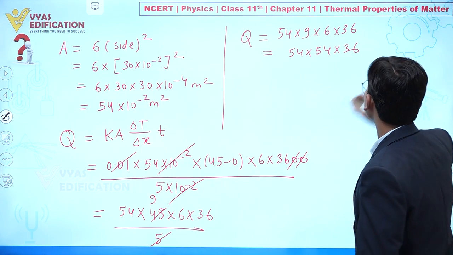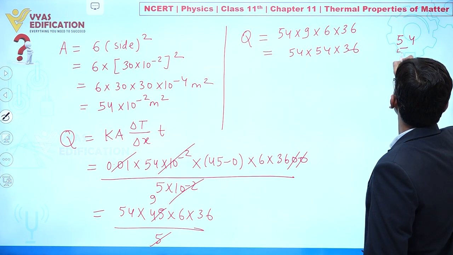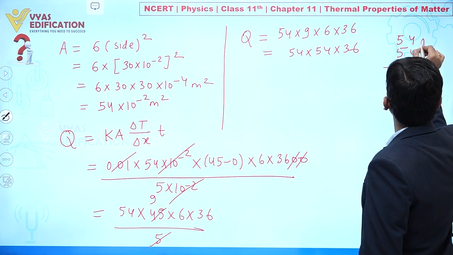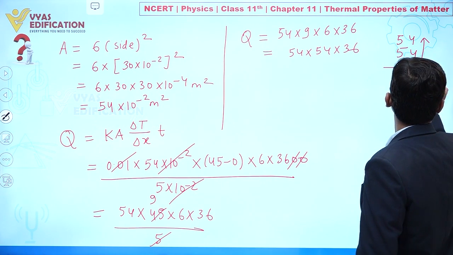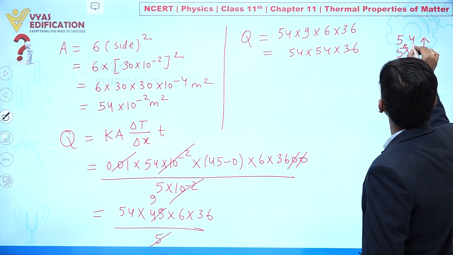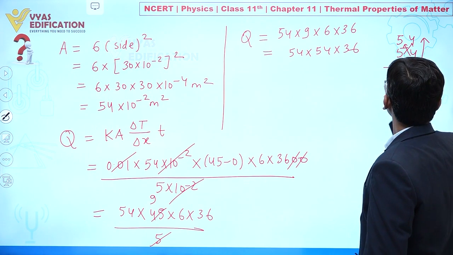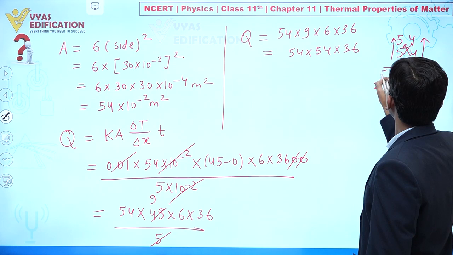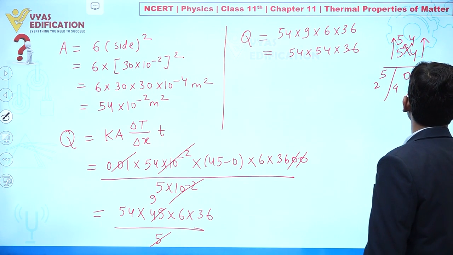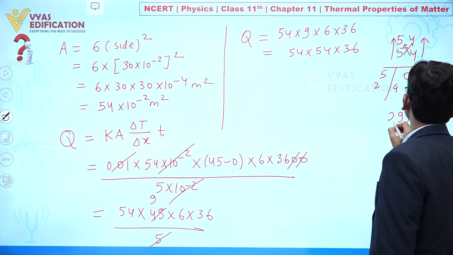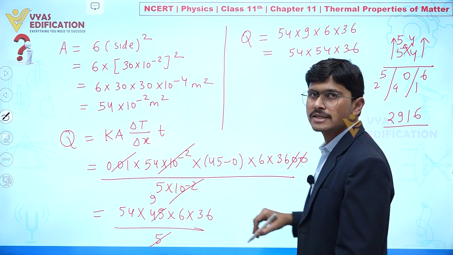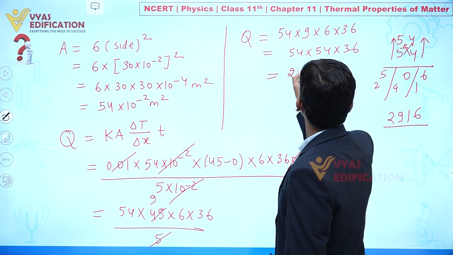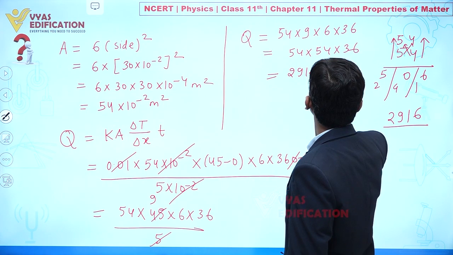Now how can we multiply 54? We can say directly 4 multiply 4, this is 16. Then 20 plus 20, this is 40. Divide by, this is 25. So this is 2916. So this is 2916 multiply 36.